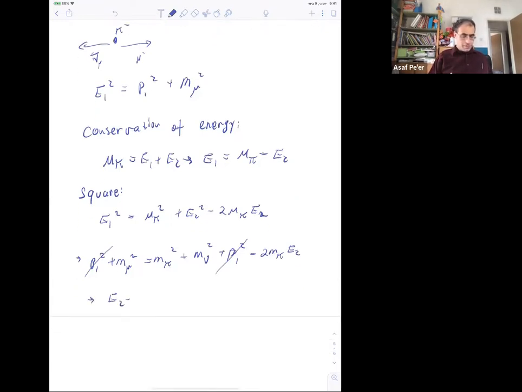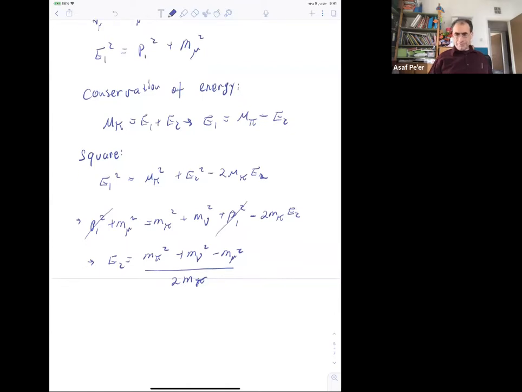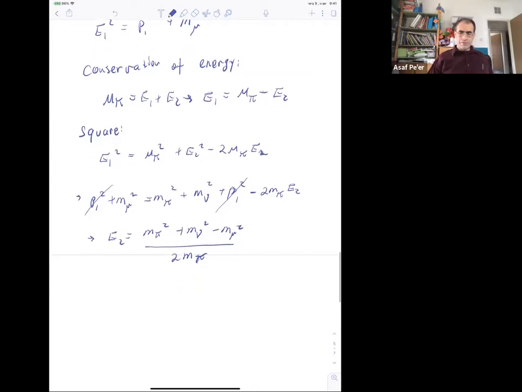So E2 is just m pion squared plus m neutrino squared minus m muon squared, divided by 2 m pion. The rest is just to look at the table of the masses, the PDG. But to get here, you don't need to know anything of the masses. This is the right answer. The rest is just to plug in the numbers.